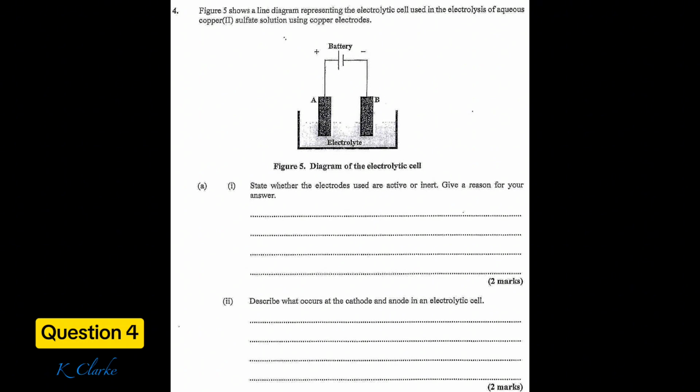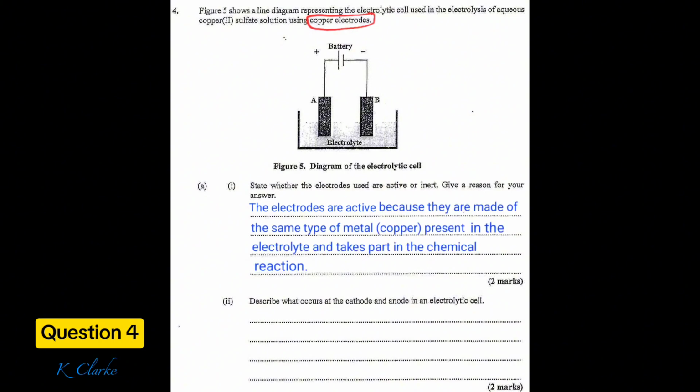State whether the electrodes used are active or inert. Give a reason for your answer. The electrodes are active because they are made of the same type of metal, copper, present in the electrolyte and takes part in the chemical reaction.